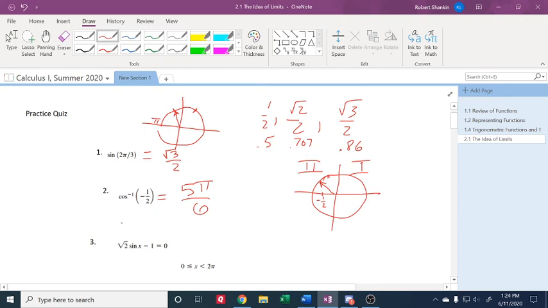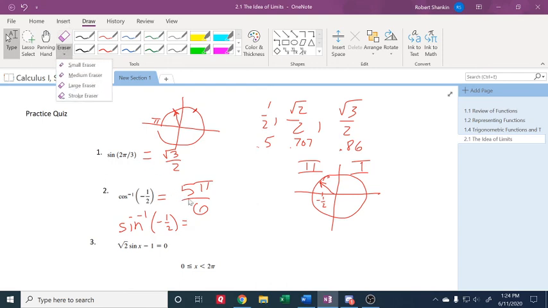If it had been the inverse sine of -1/2, wouldn't that be 2 pi over 3? Oh, you're right. Yeah, I agree. That is correct. Let me erase that.